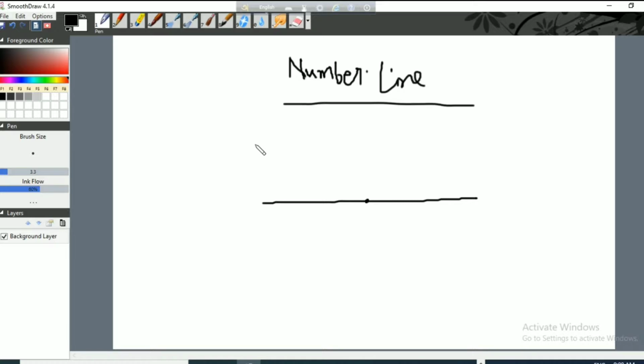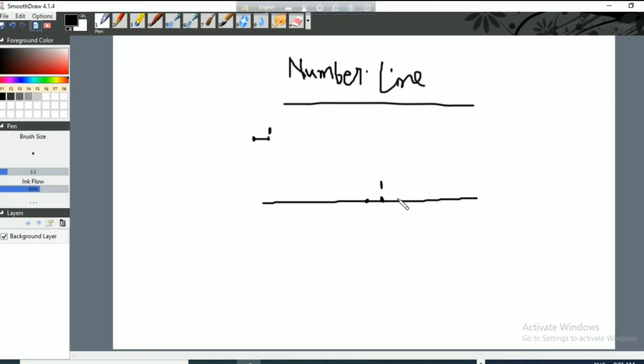Let us say that this much distance means 1. If you move this much distance along this line, that means you moved number 1. Just cut this much distance on this line. This point will represent number 1.